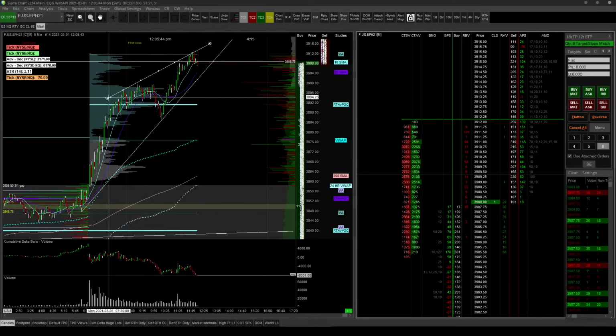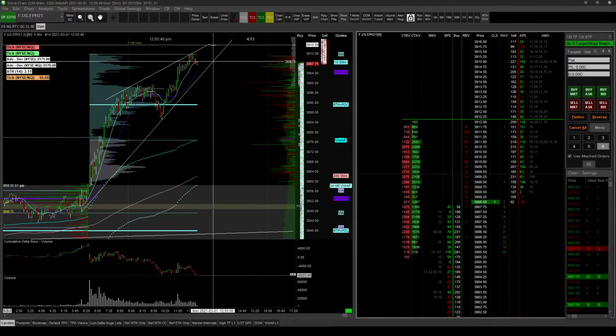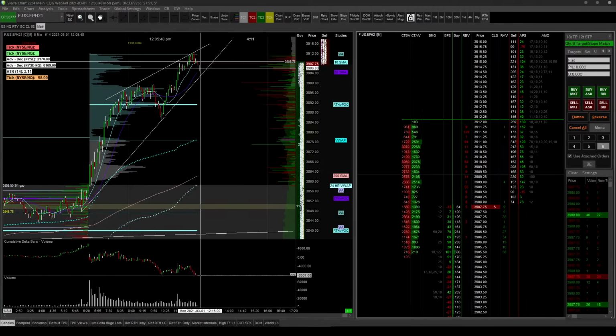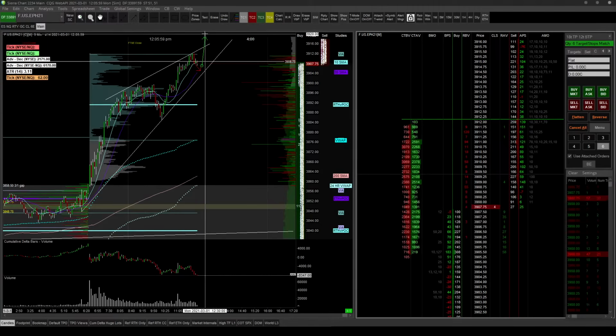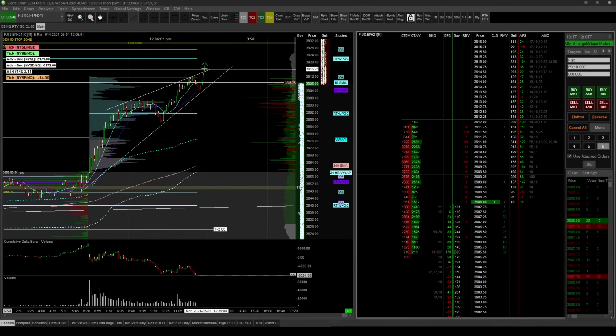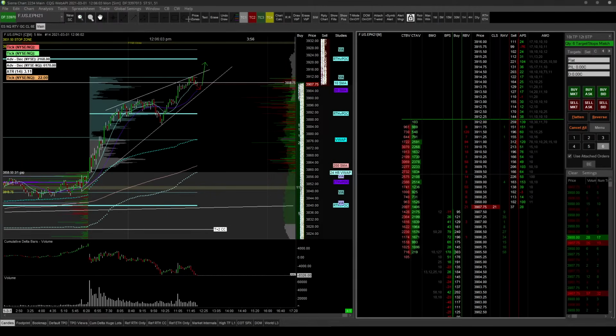Actually, one of my favorite short setups is when you kind of come down here and then you punch. So we come back and then we punch through this like this. About like that.